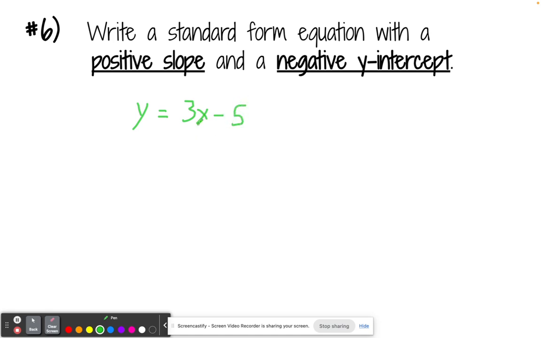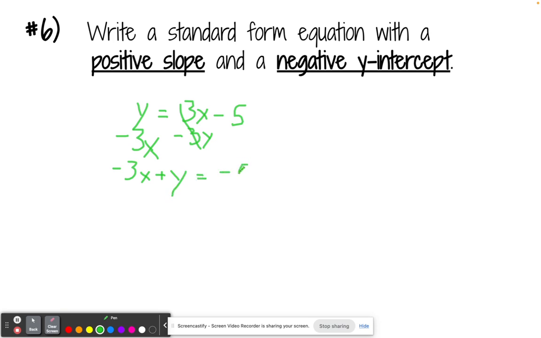Sure. All I have to do now to get it in standard form, let's subtract 3x from both sides. I just made up this equation. You could make up your own. I get -3x. That x looks an awful lot like a y. I should fix that. Plus y equals -5.